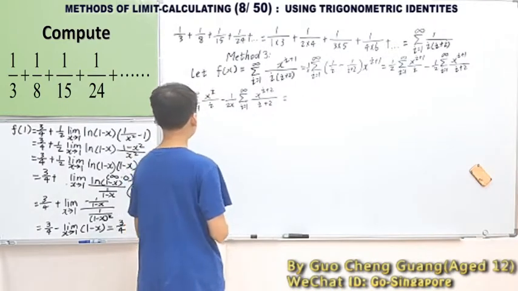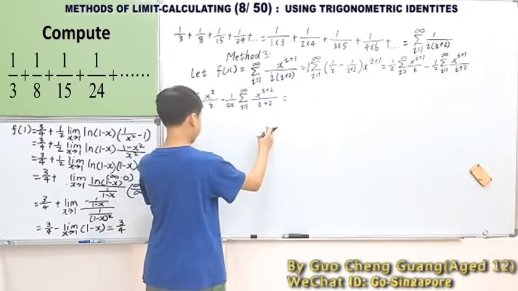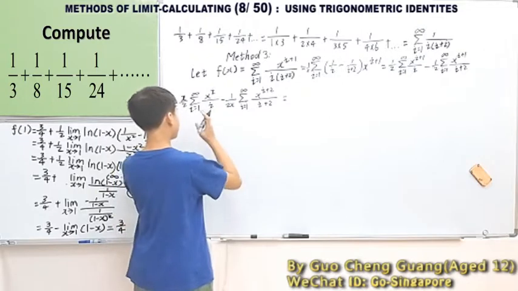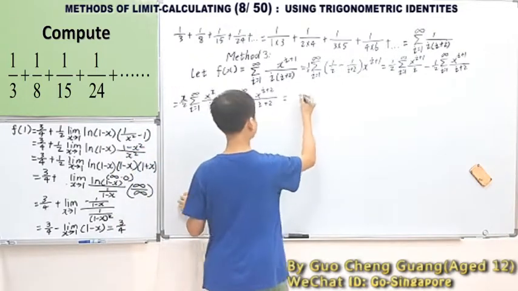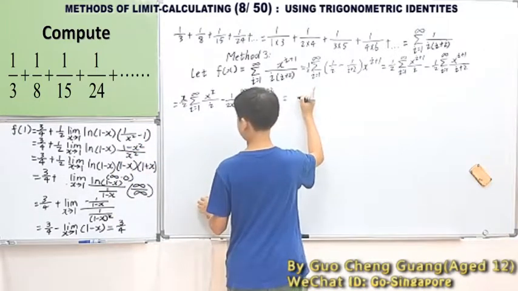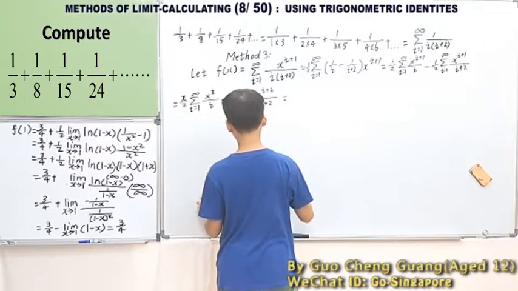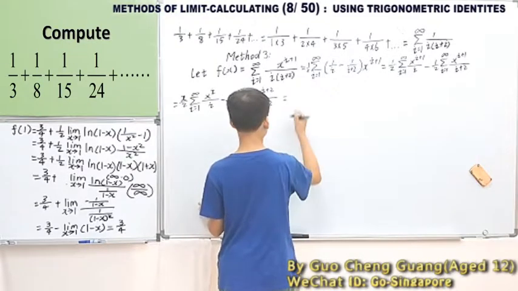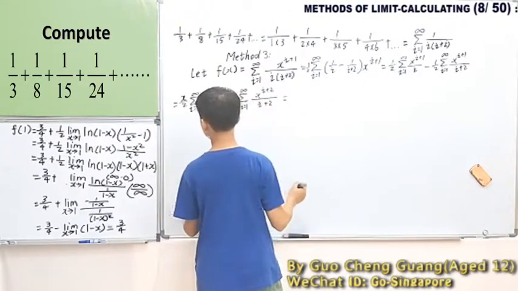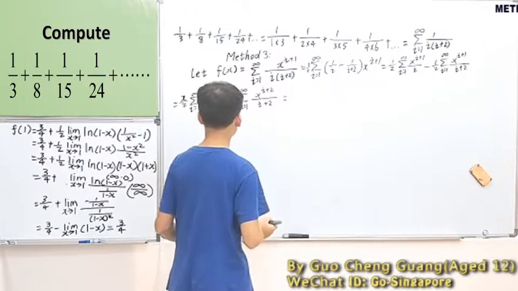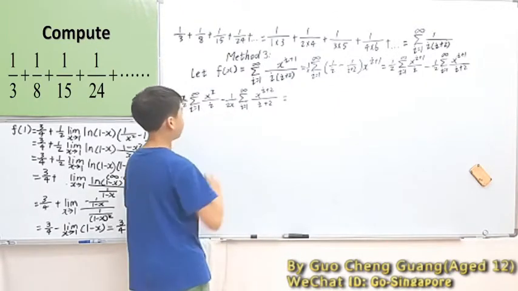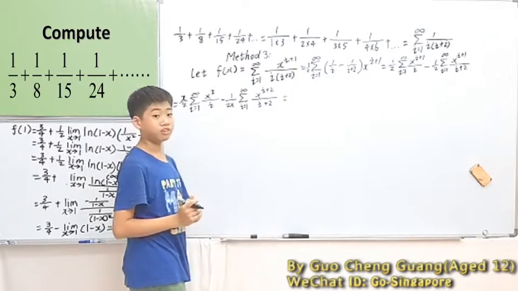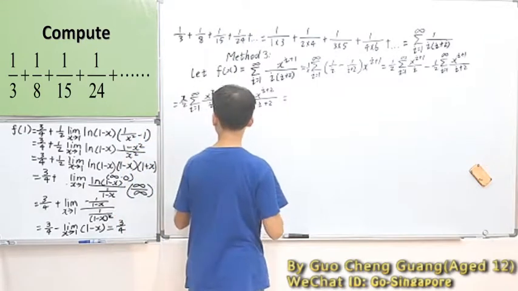So what's next is to use differentiation. So we'll just differentiate for this part. But after you differentiate, you'll have to integrate. But let's see for this part. Which of them do we have to differentiate and which do we have to integrate?